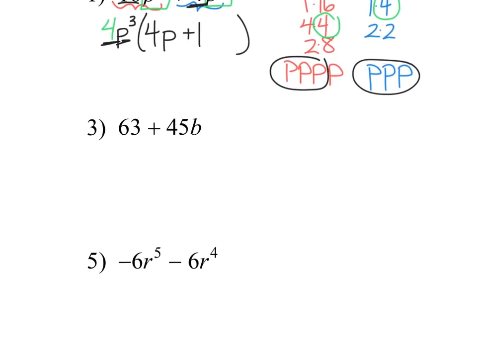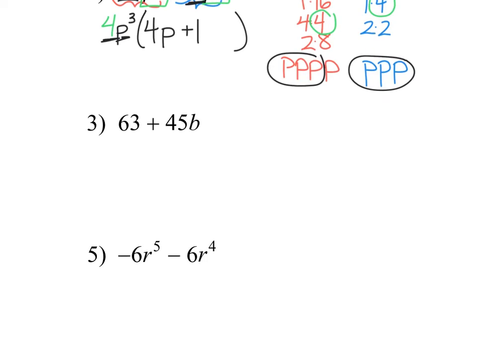Let's try another one. Number 3. First thing I don't like about it, it's not in standard form. So before we factor, let's make sure we have our terms in the correct order, in descending order. Now I can figure out the common factors between 45 and 63.